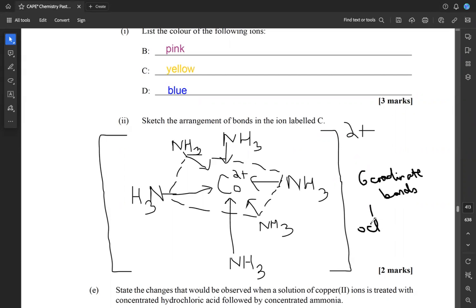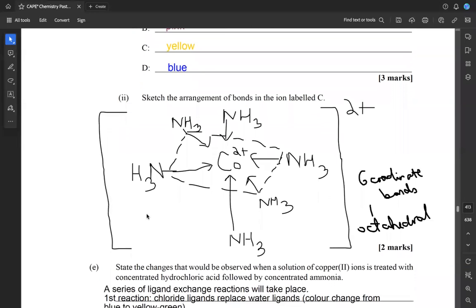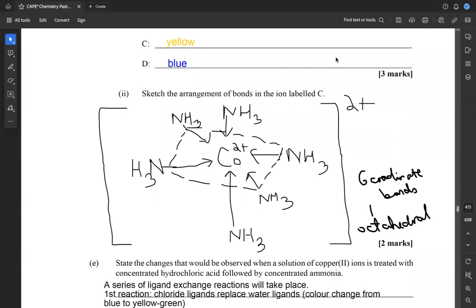So that could have been a question as well, what shape is that? Once you've sketched it, tell me what shape it is. Well, there are 6 coordinate bonds, 1, 2, 3, 4, 5, 6. So it's an octahedral shape, okay? So that's just an extension of the question, just so you guys can learn as we go along. All right, so let me clear that.